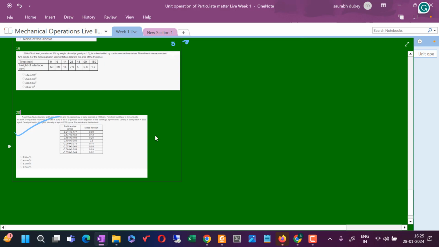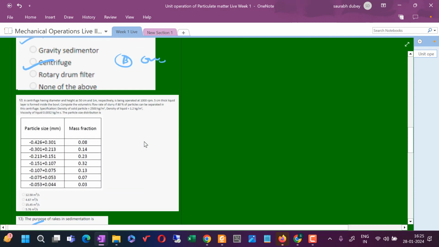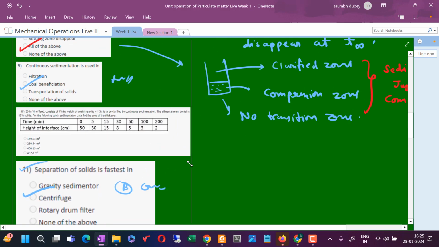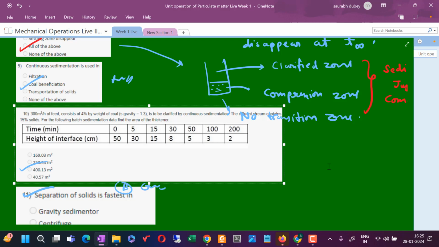Now let's solve this numerical. Question number 10. This numerical says 300 meter cube per hour of the feed consists of 4% by weight of coal, whose specific gravity is 1.3, and is to be clarified by continuous sedimentation.